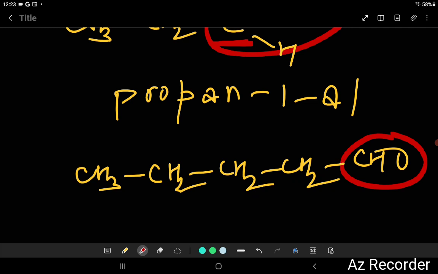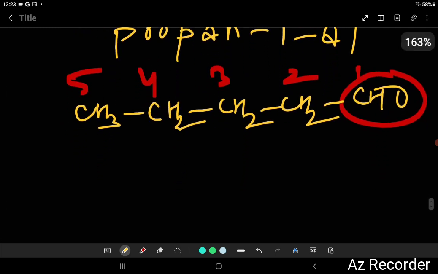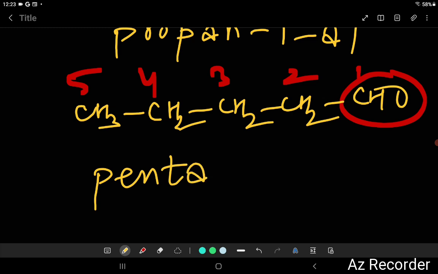You should write the numbers from this group's carbon: 1, 2, 3, 4, and 5. So there are 5 carbons. That means pent, single bond "an", and "al" at 1 for the aldehyde functional group.